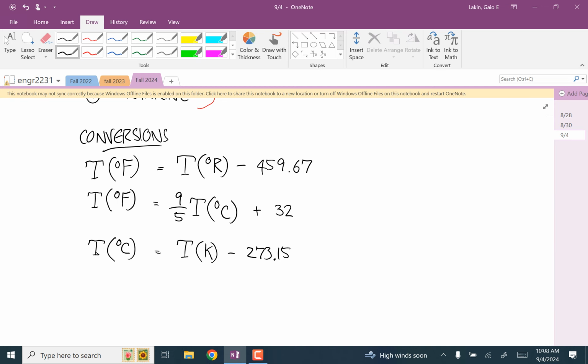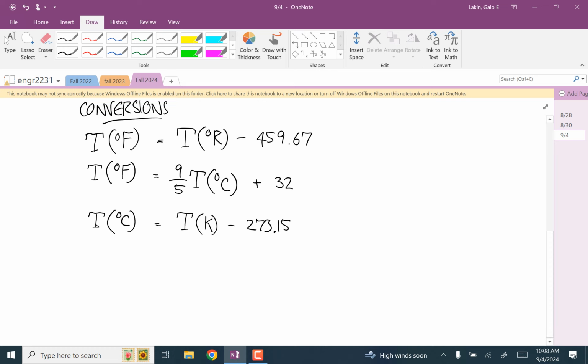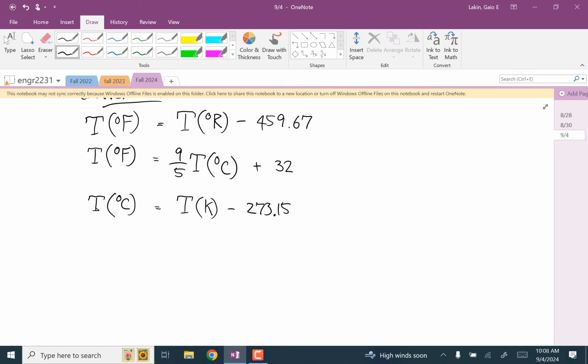Okay, and the thing that makes this especially confusing is you have to recognize in a problem whether you're talking about an actual temperature describing a state or whether you're talking about a change in temperatures.